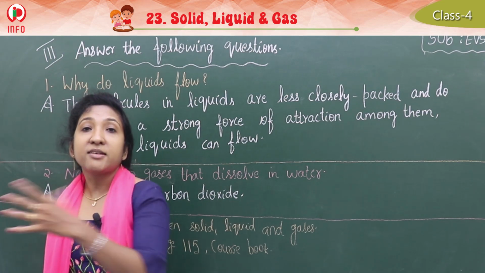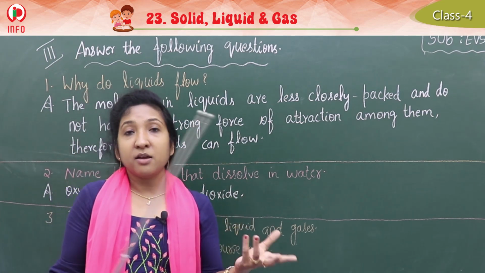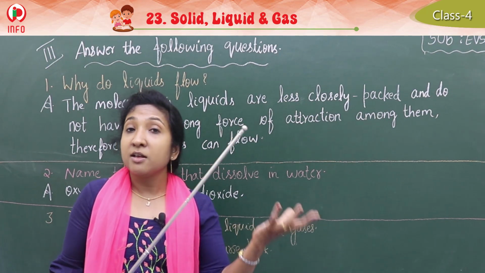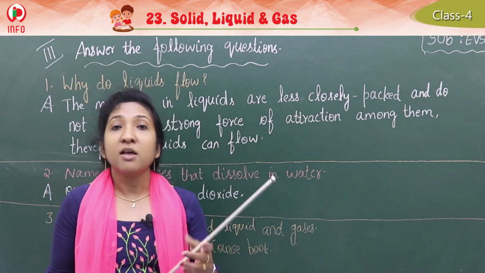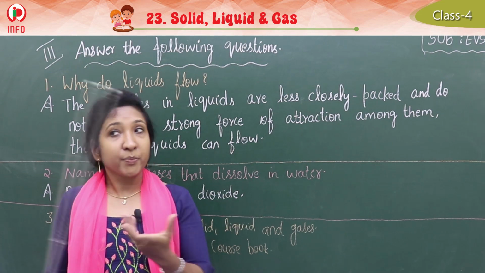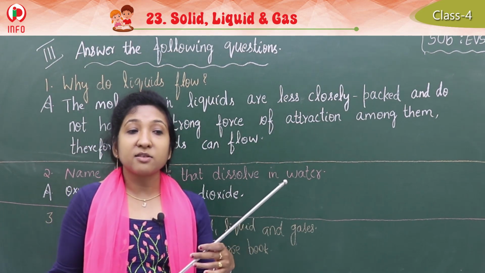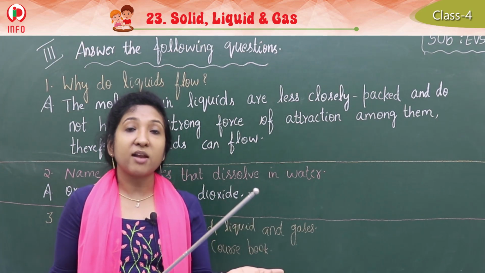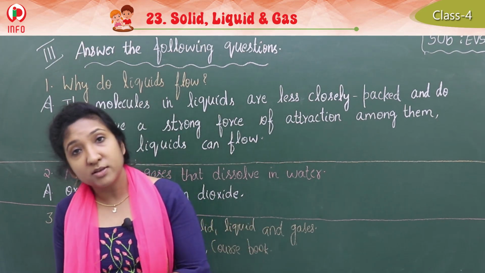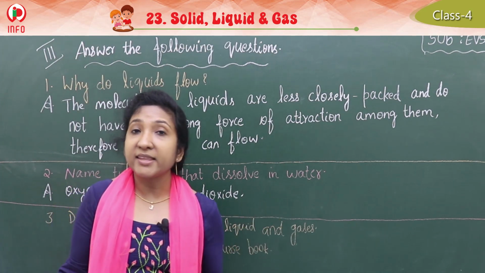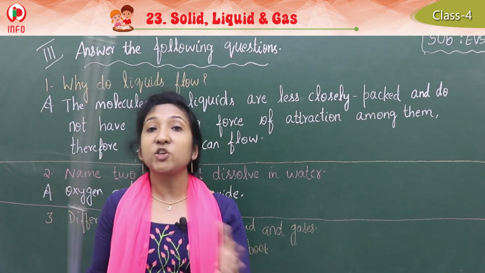Then gas does not have definite shape and volume. Then the second difference, solids are generally hard, liquids are not hard, gases are also not hard. Then solids do not flow, liquids flow, gas also flows. Yes. So these are the main differences between solid, liquid and gas.